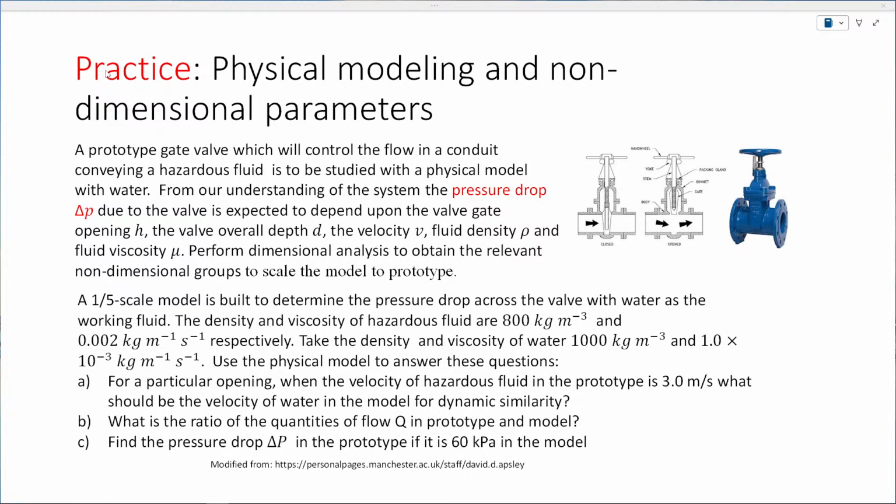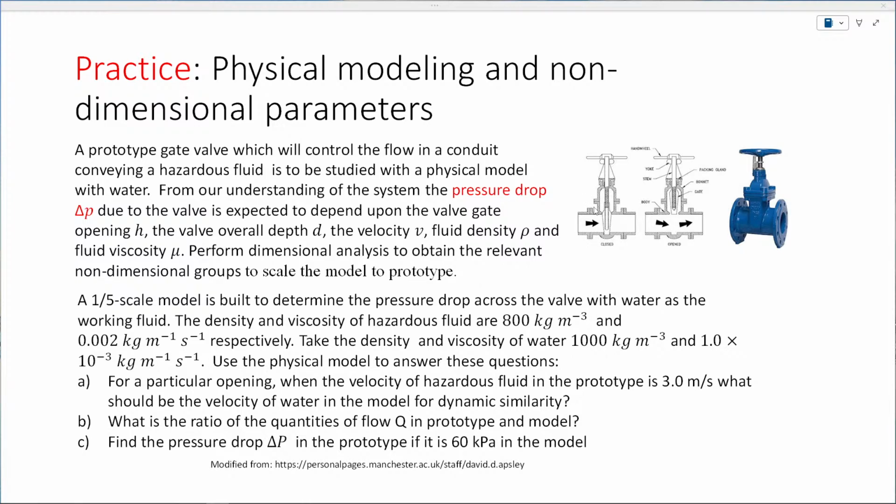In this problem, we have a gate valve which controls flow, and at this gate valve we get some drop in energy.